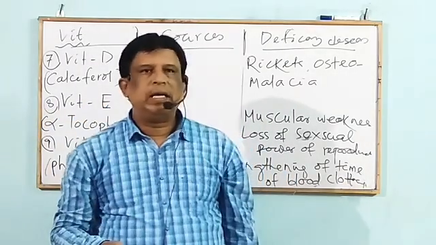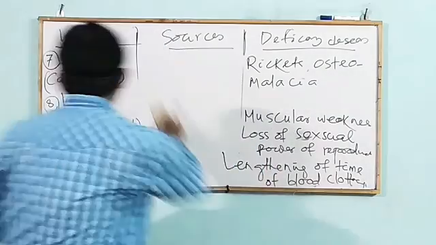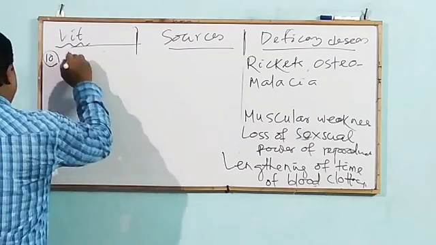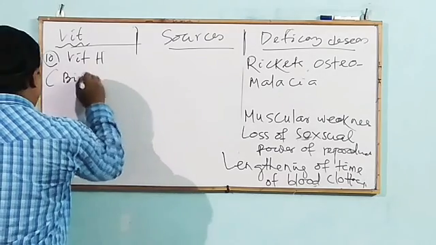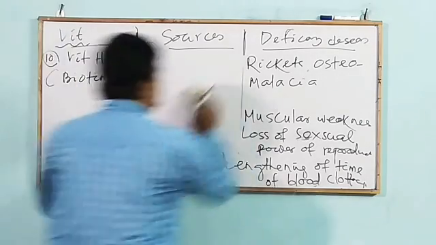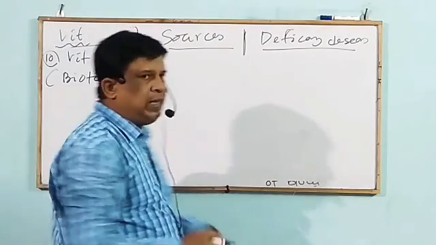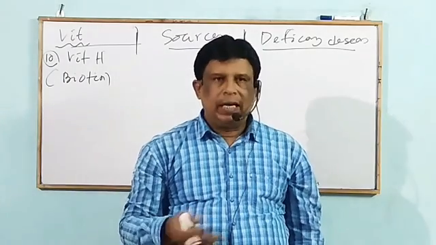The last one is vitamin H. Its chemical name is biotin. The sources are yeast, liver, kidney, milk.